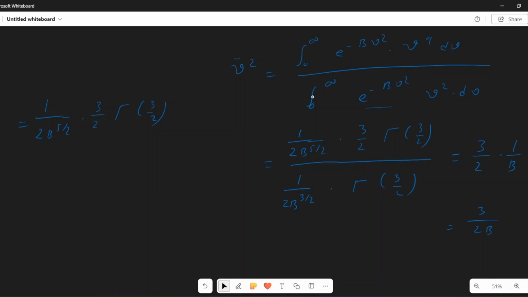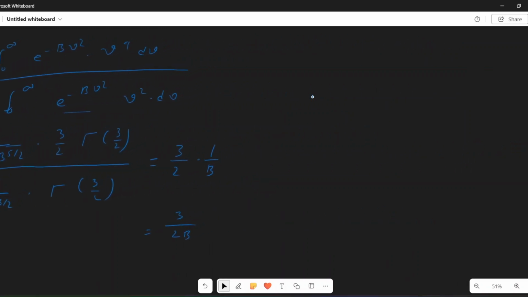We found that v square is equal to 3 by 2b. One more thing: 1 by 2 m v square is the kinetic energy, which we know can be written as 3 by 2 kbT.